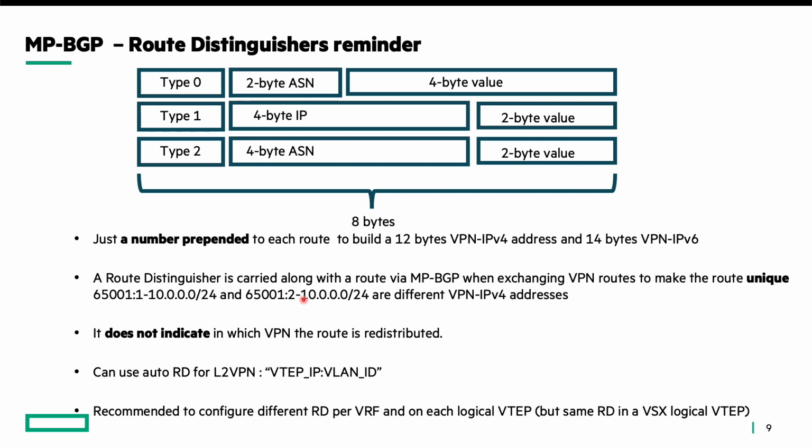It is recommended on networks to use a different RD per VRF, and on each logical VTEP. So let's say we have a VSX pair for a VTEP; we will use the same route distinguisher here. It's also useful to differentiate RD per VRF for troubleshooting, to quickly isolate where this prefix is coming from.